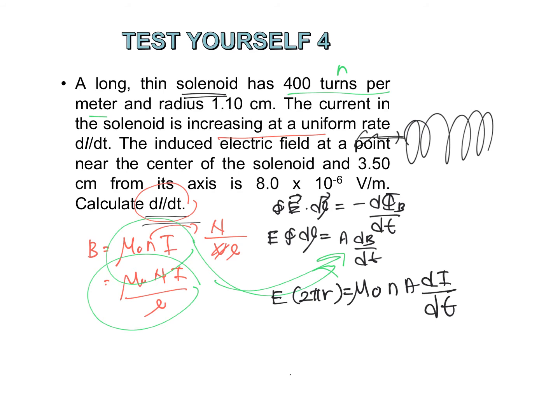Okay, rearrange all the formulas for us to find the dI over dt. So dI over dt equals E times 2 pi r over mu naught n A. So use this formula, then insert all the numbers over there, then you are going to get the answer.